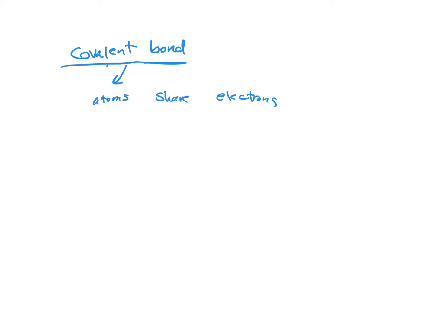For instance, when you have CH4, and I talked about how to write these structures, you write the Lewis structure for carbon with 4 electrons, and you write the Lewis structure for hydrogen, which has only 1 electron. And now these carbon and hydrogen atoms share these 2 electrons.